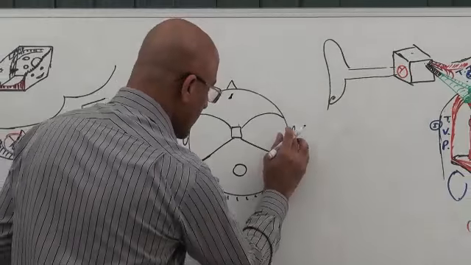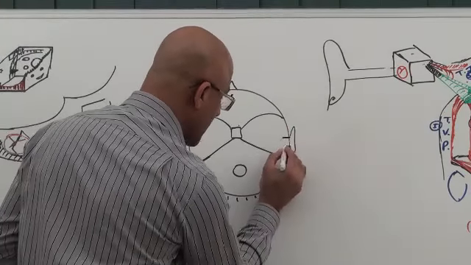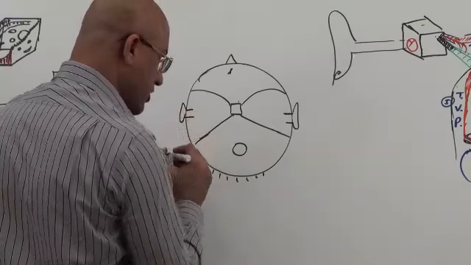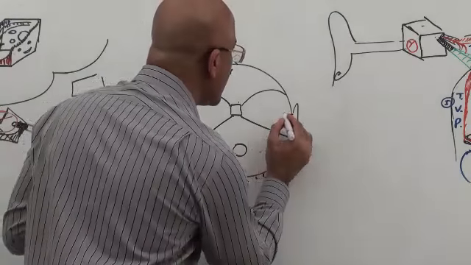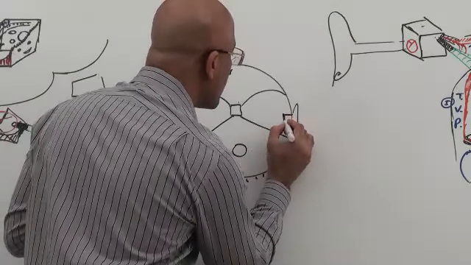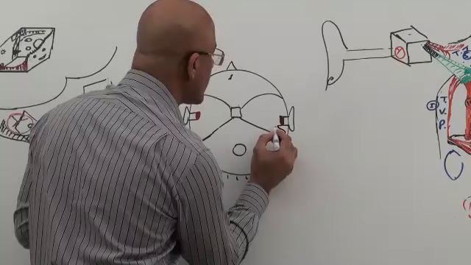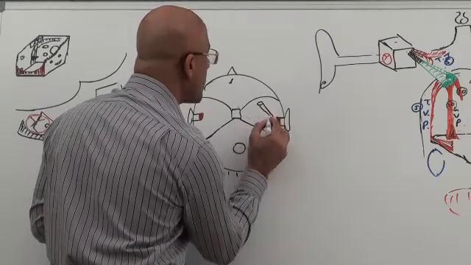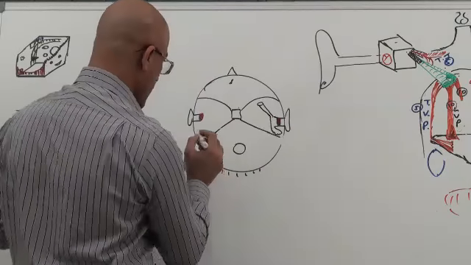Now this is the external auditory meatus. And what is here? Tympanic membrane. And then here is the mastoid system, the middle ear, and here is the eustachian tube which opens into the nasopharynx.